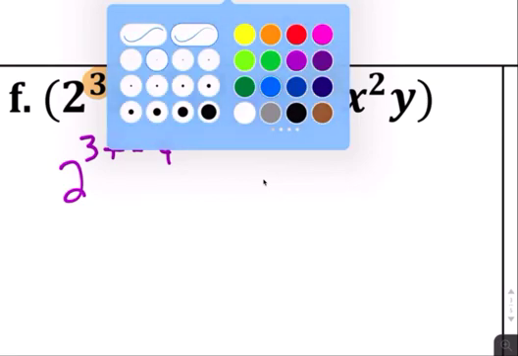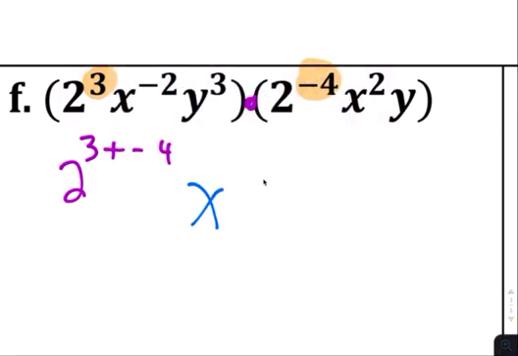Okay, and then you get x to the negative 3, add the 2, y to this 3, and an invisible 1. 3 and 1 you add because we're multiplying.